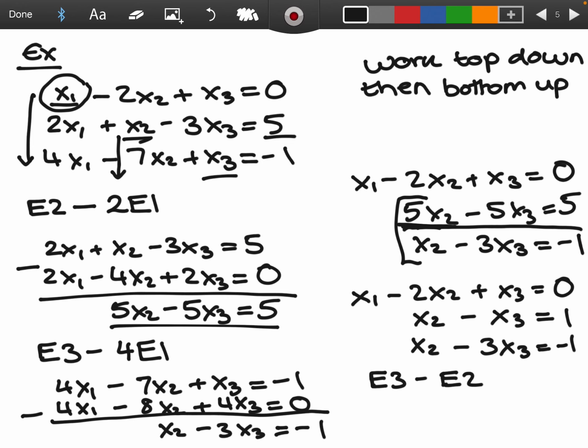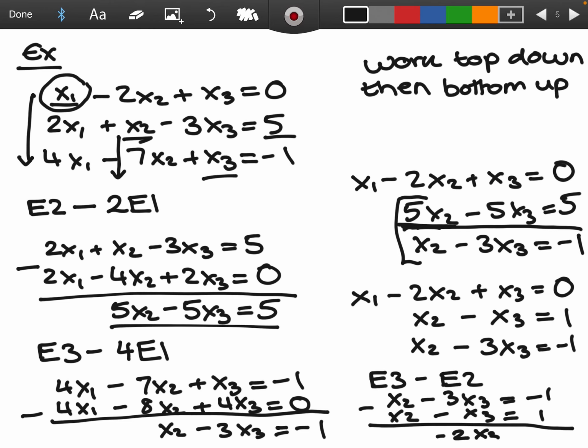So let's write that down. I'm going to have x2 minus 3x3 is negative 1, x2 minus x3 is 1, and I'm going to subtract them. And that's going to leave me with negative 2x3, and that's going to leave me with negative 2.